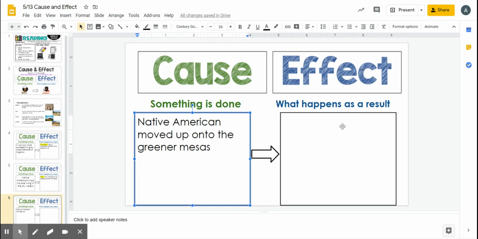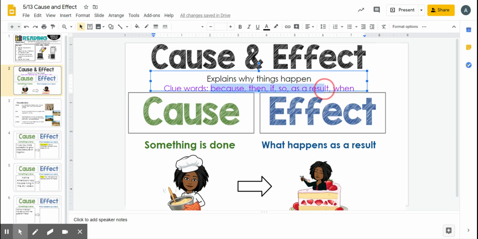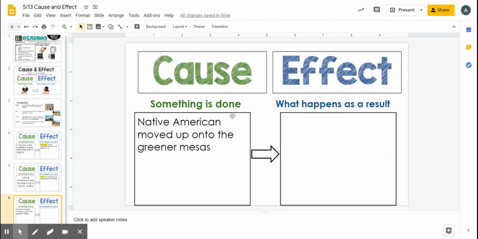So now we need to figure out what was the result of that. So going back to our keywords, because, then, if, so, as a result, or when, what were some of the clue words that you heard in that read aloud to help us figure out the result of them moving up onto greener mesas? So here's where we're going to take a look at your exit ticket for today.